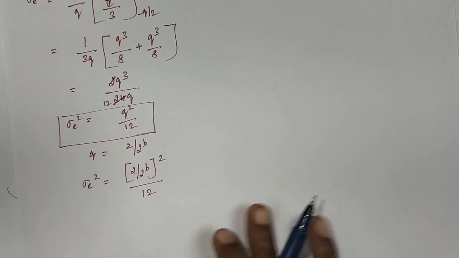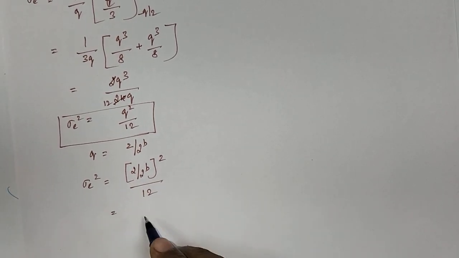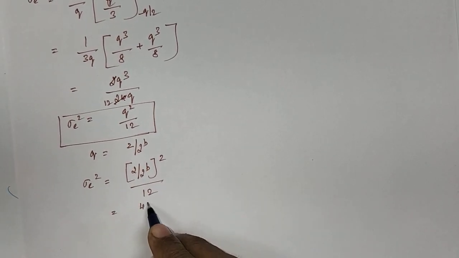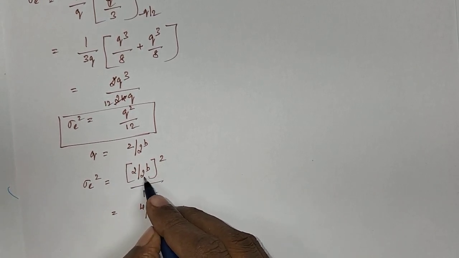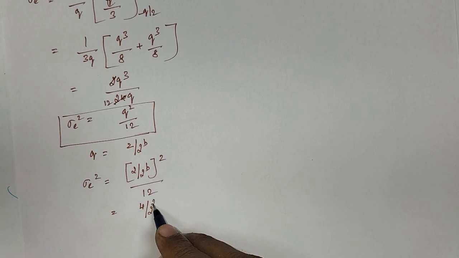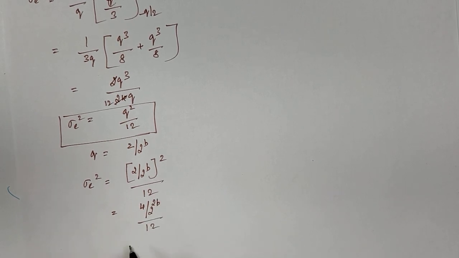After some simplification, 4 divided by 2 power 2b divided by 12, which is 1 by 3 into 2 power minus 2b. So this is sigma e square.